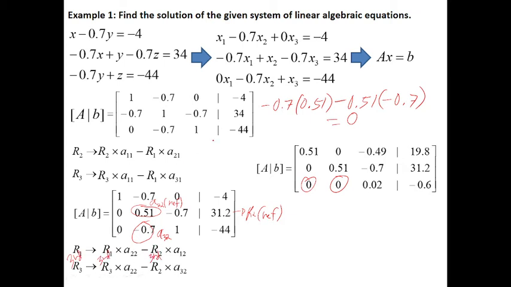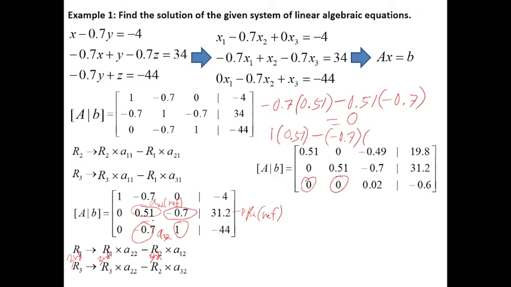So we have R3 third element is 1 multiplied by 0.51 A22 minus negative 0.7. Di ko na titignan yung nakasulat dito. Kasi mayroon naman siyang pattern eh. 1 times 0.51 minus negative 0.7 multiplied by negative 0.7.